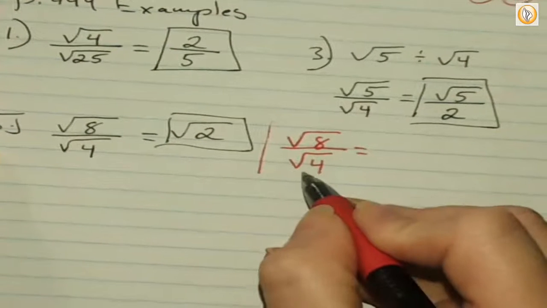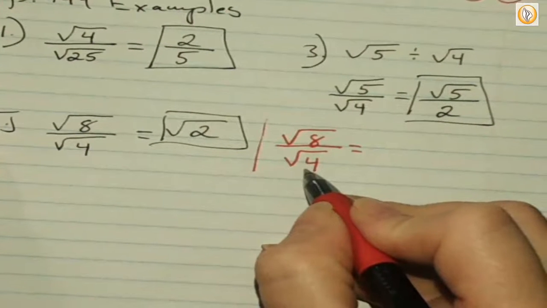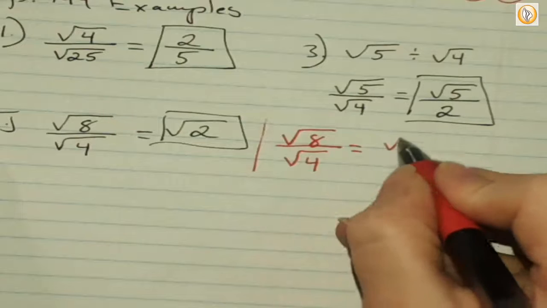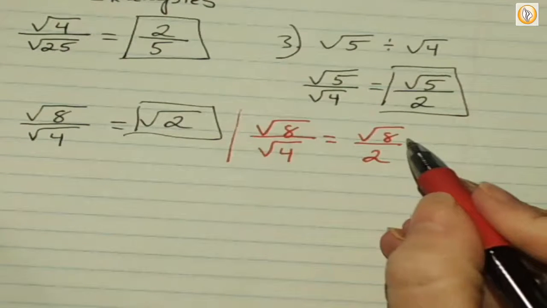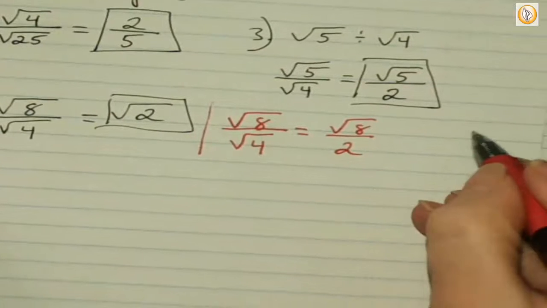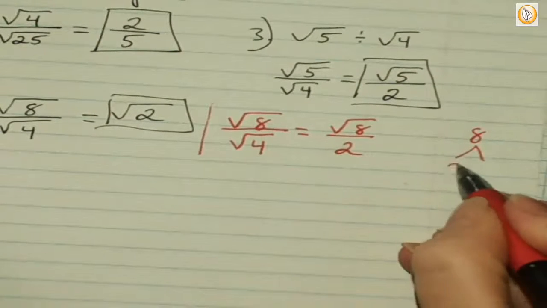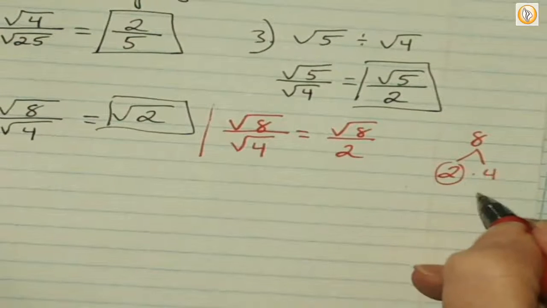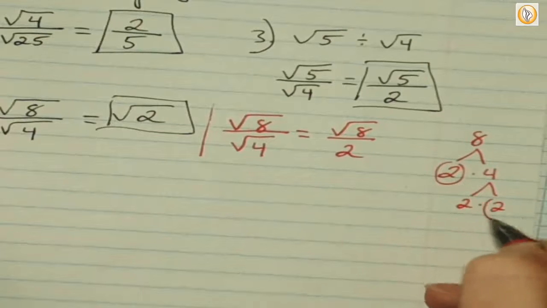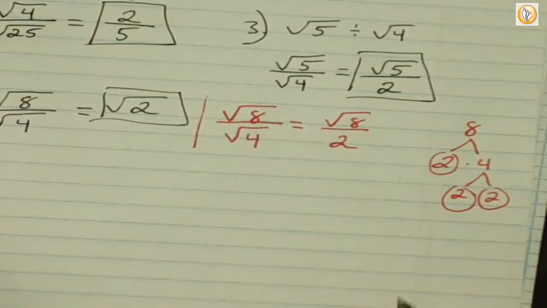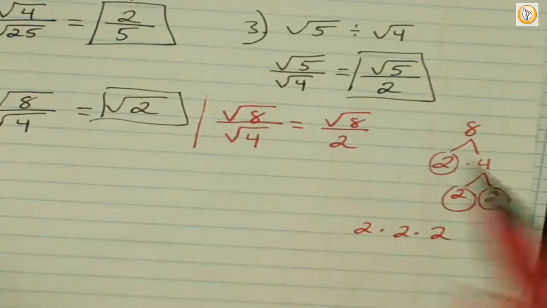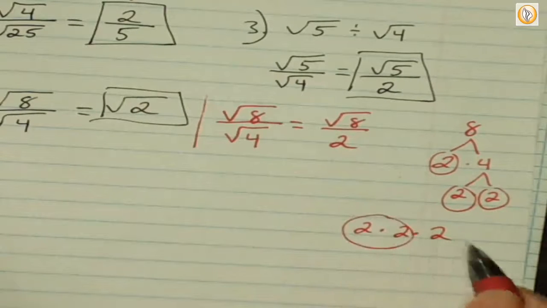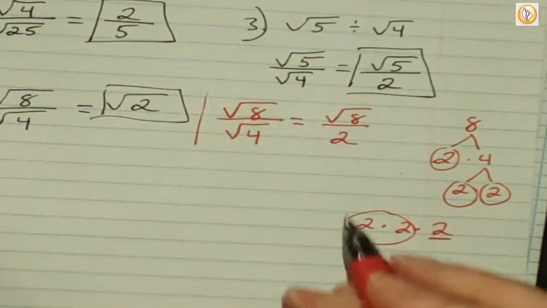Now, let's say we do what Cecilia had said. She said 4 is a perfect square, and it would be 2, right? So we take it out. Is 8 simplified? No. So we would do a factor tree, 2 times 4, and 2 times 2. We list our prime factors. We have a pair of 2s, so we circle them, and that's what's left over.